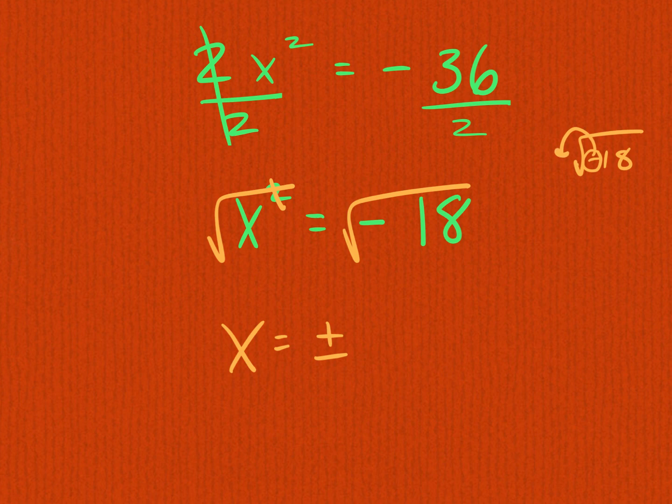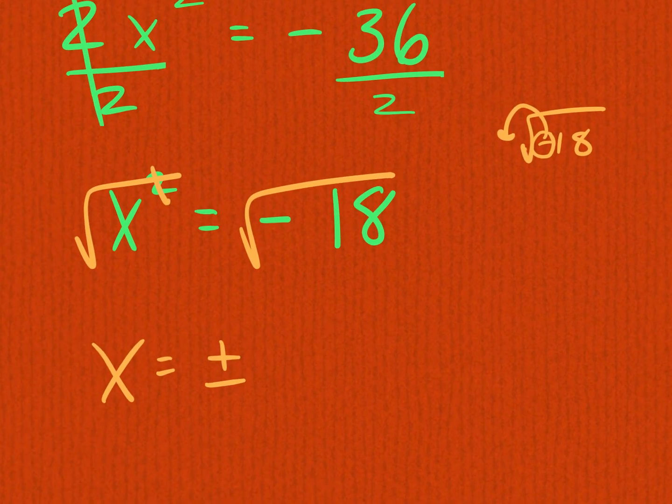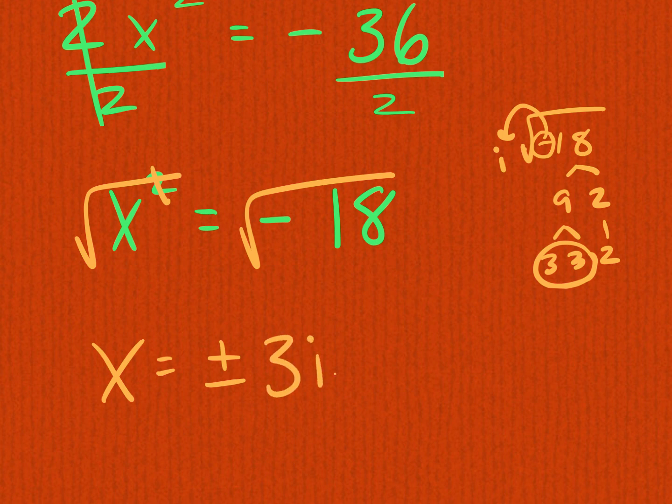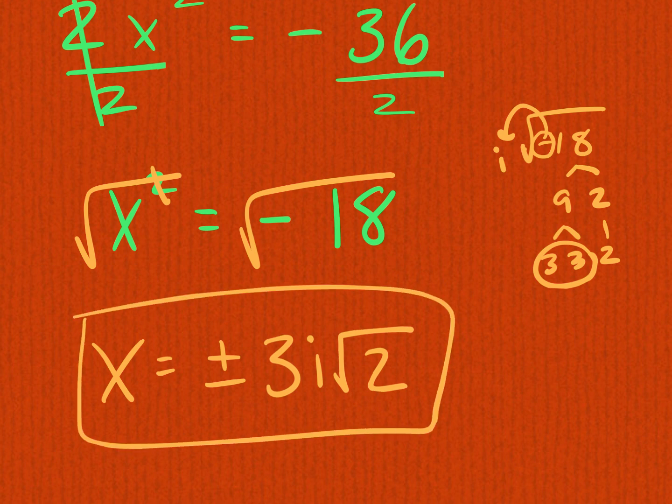Well, let's do one step at a time. So let's take the negative out. What does that turn into? An i. What are 2 factors of 18? 9 and 2, and 2 factors of 9. So what would we circle? So what comes to the outside? 3i. Awesome. What stays on the inside? 2. So our answer would be plus or minus 3i square root 2.